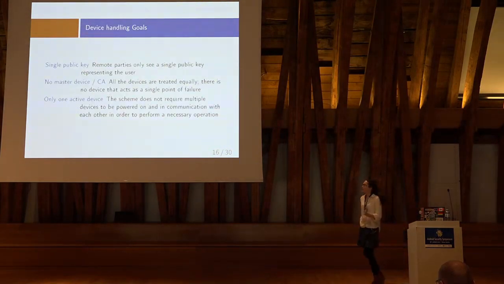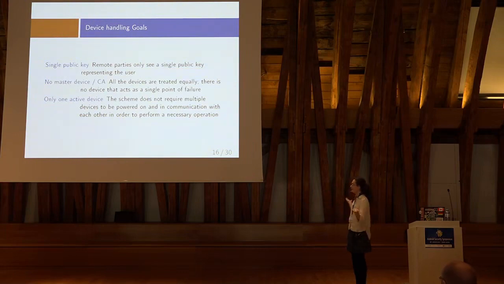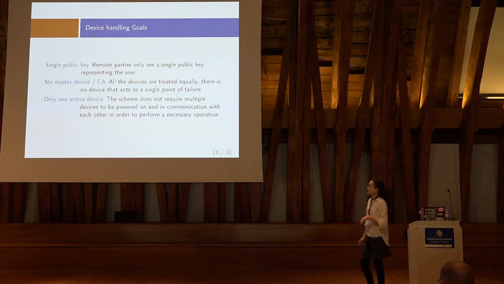And the final set of properties: we want to have only one public key representing the user. We don't want the people we're communicating with to see a whole bunch of keys for your devices or to constantly be saying, hey, I've got another key. We want the user's identity to just look like a single device. We don't want any concept of a master device or certificate authority.